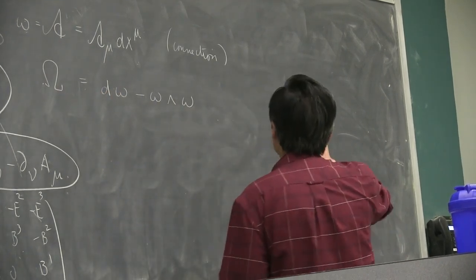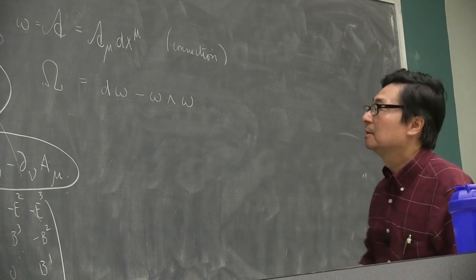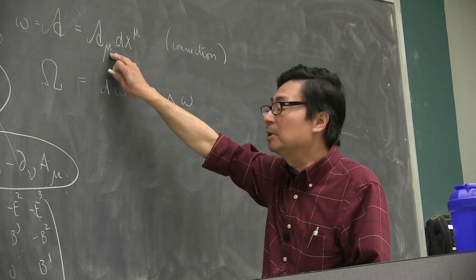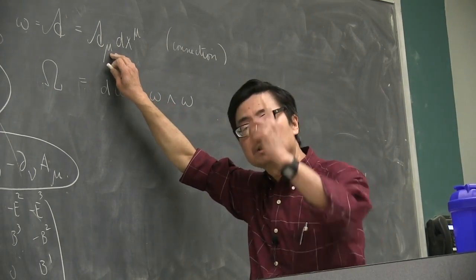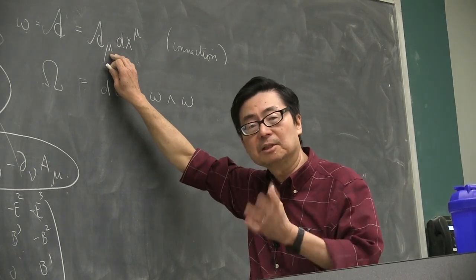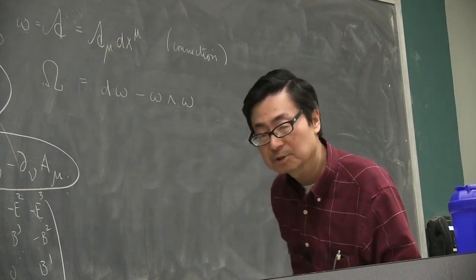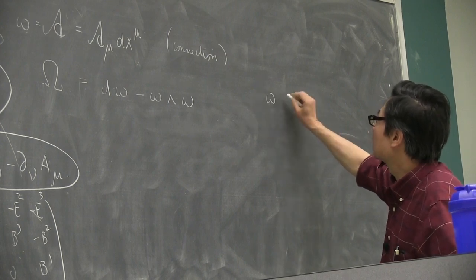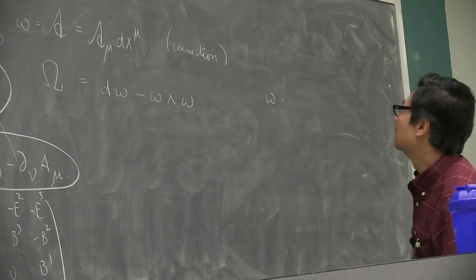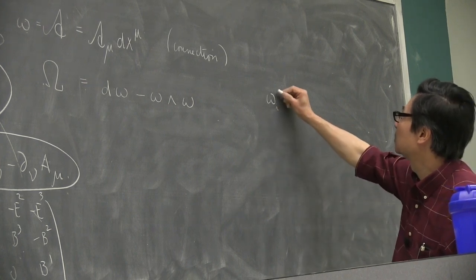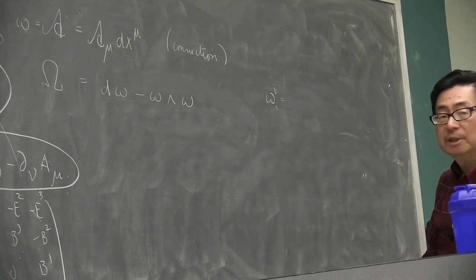Now, this A is not a matrix. Why? As we mentioned last time, in quantum mechanics the fiber is a 1-dimensional space, so it's a 1-by-1 matrix, which is not really a matrix. But in general, omega is a matrix, and I can write its matrix element as omega ij.